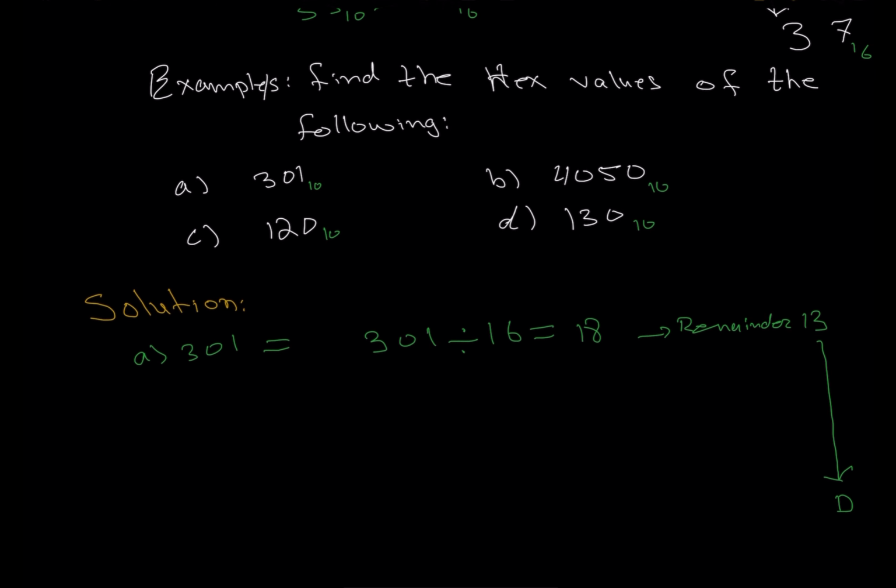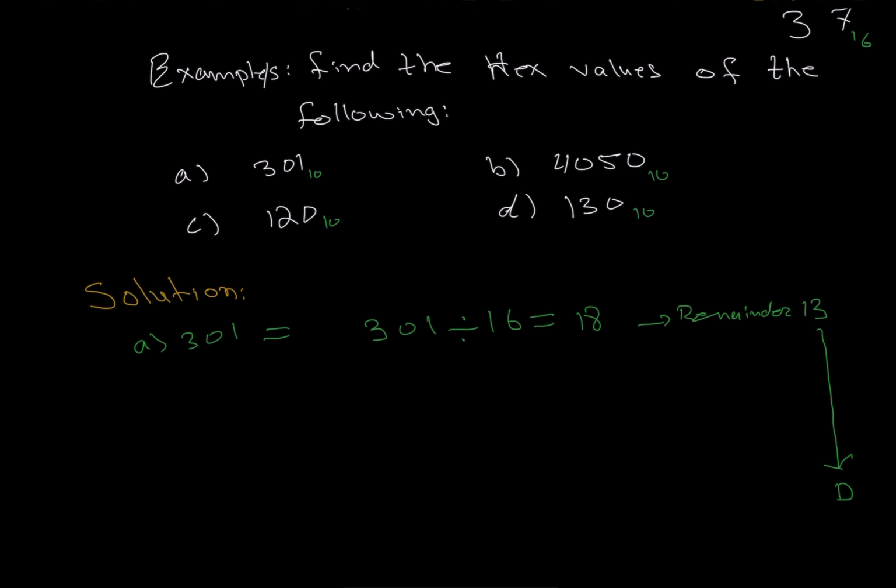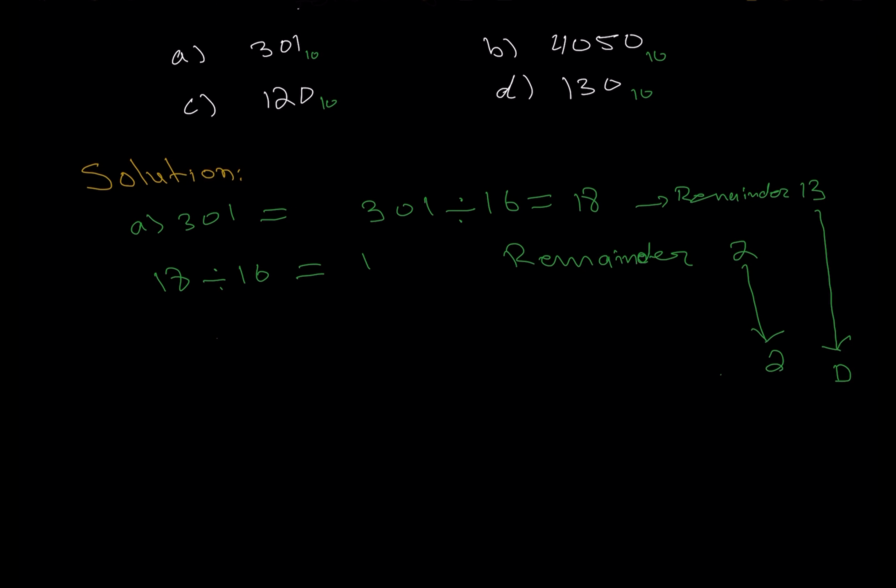Alright, now the new quotient was 18. We divide 18 by 16. We get 1. The remainder is 2. You bring that 2 down. Okay, so the new quotient is 1 divided by 16.